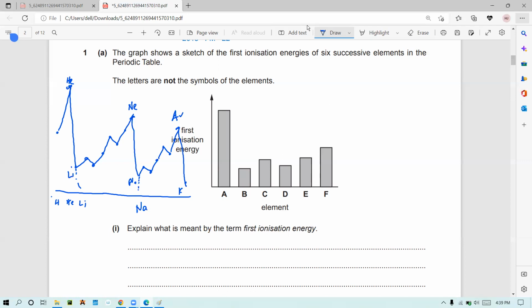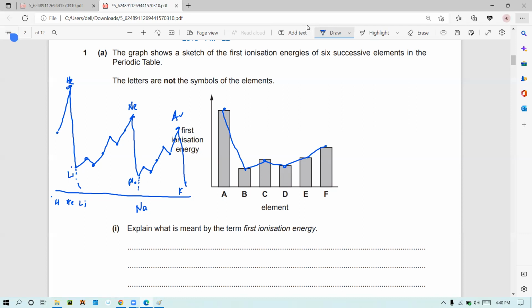And here we have a similar thing, A, B, C, D, E, F. There are 6 consecutive elements. We don't know to which group they belong, but we have to figure it out. Look at the first ionization energy of A. It's a high value. From that high value, we go down to a really low value for B. And then you go up a little bit and then slide down and up and up.